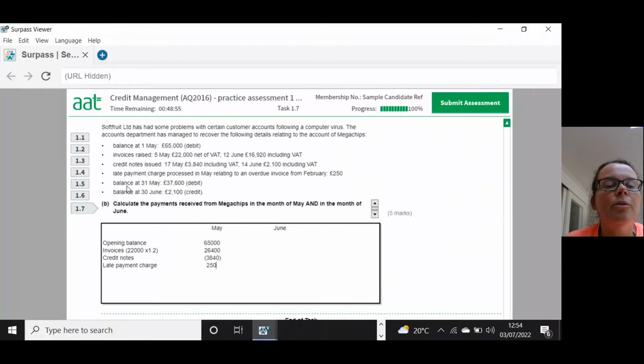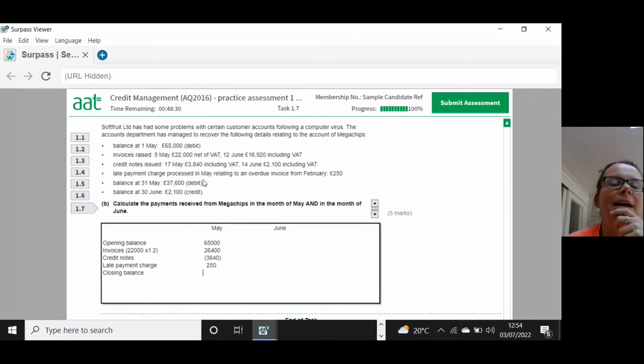And then it tells me the closing balance. So if it's given me the closing balance, it's saying debit. So that means the opening balance is a debit.